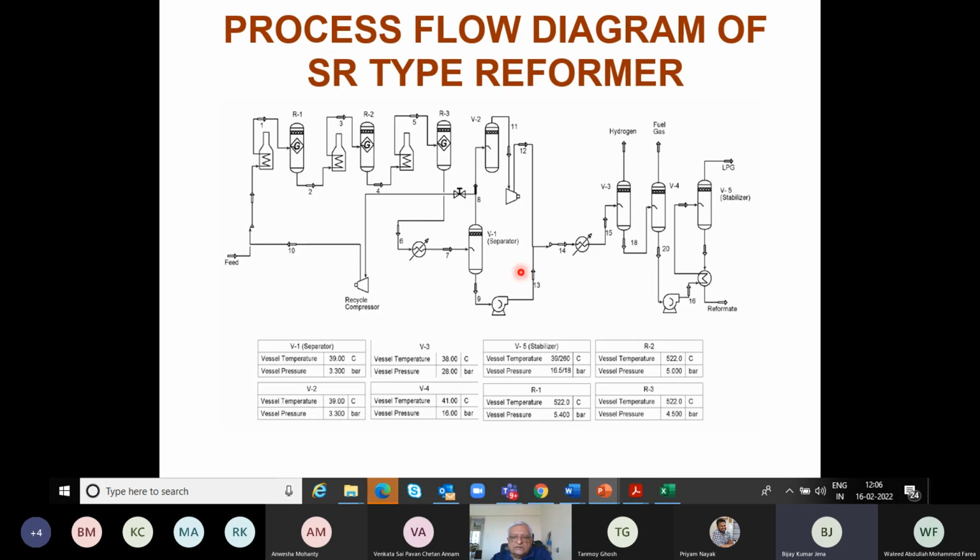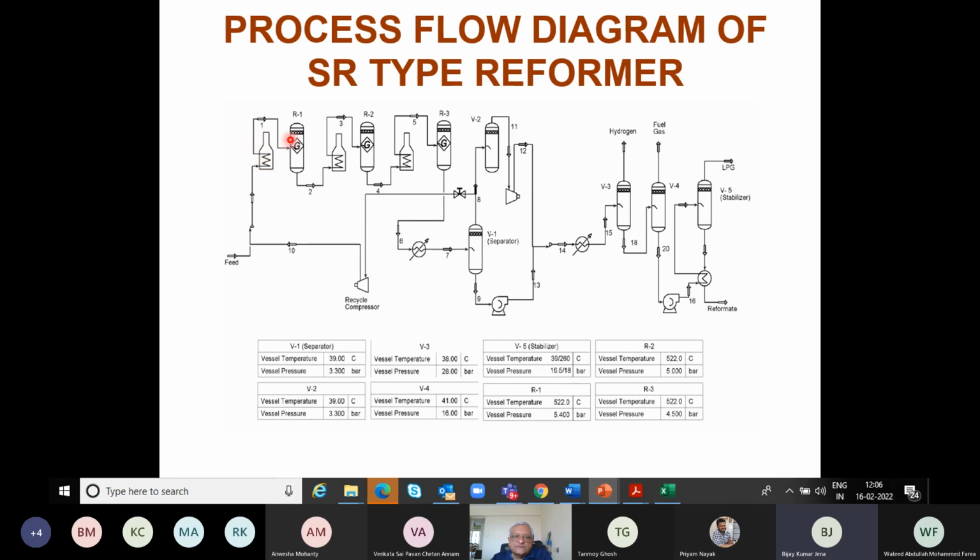This is the flow scheme of a semi-regenerative reforming, very similar to what we discussed earlier. So you have the feed coming in, and then the recycle gas compressor compresses the hydrogen along with the feed into the furnace, and we preheat the feed.